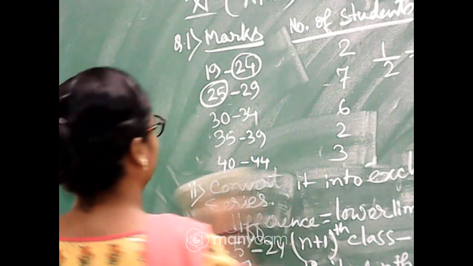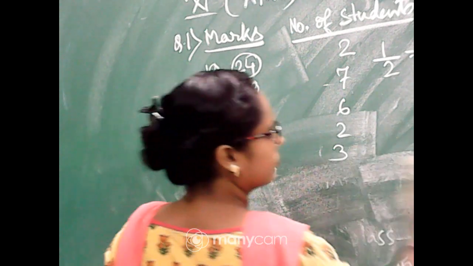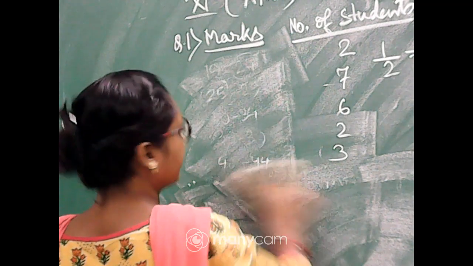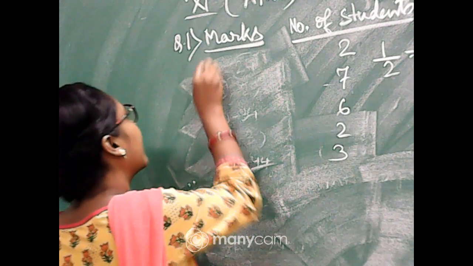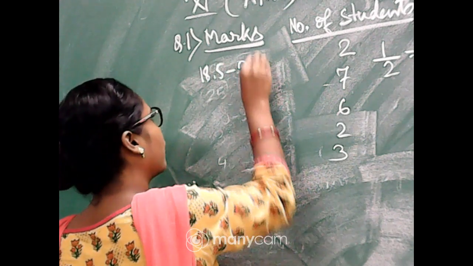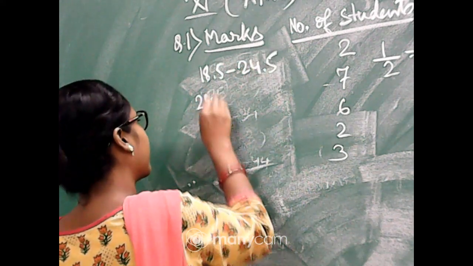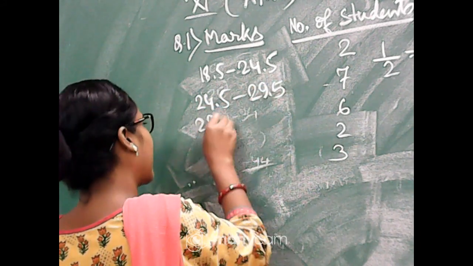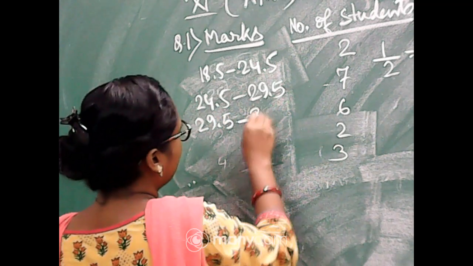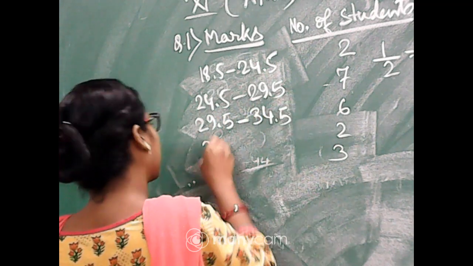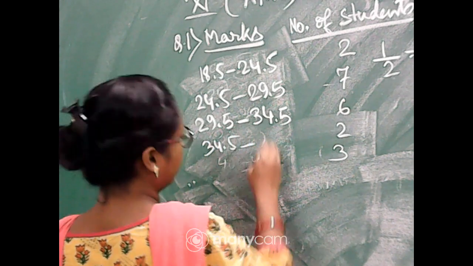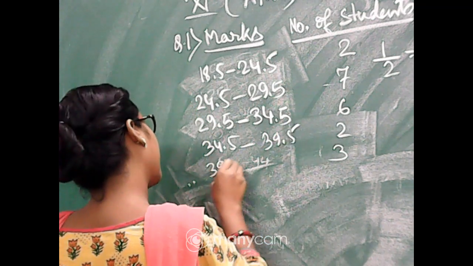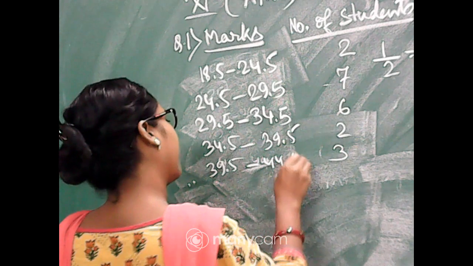So, this will be 18.5 to 24.5, next 24.5 to 29.5, next 29.5 to 34.5, 34.5 to 39.5 and 39.5 to 44.5.